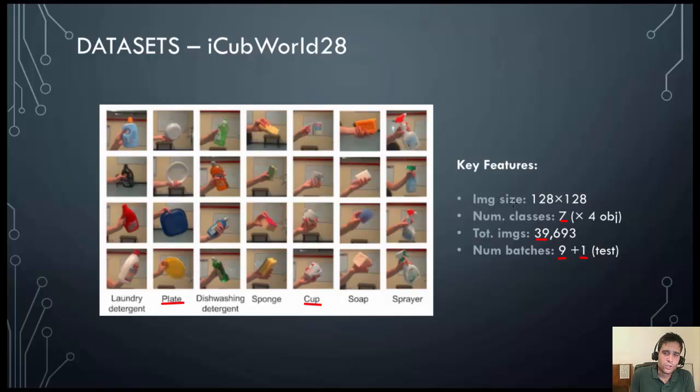Each of these images is 128 by 128 pixels, RGB colored. I would like to point out how difficult this task can be, where we have, for example, for the cups class, a very low inter-class variation. All these cups look very similar to me.